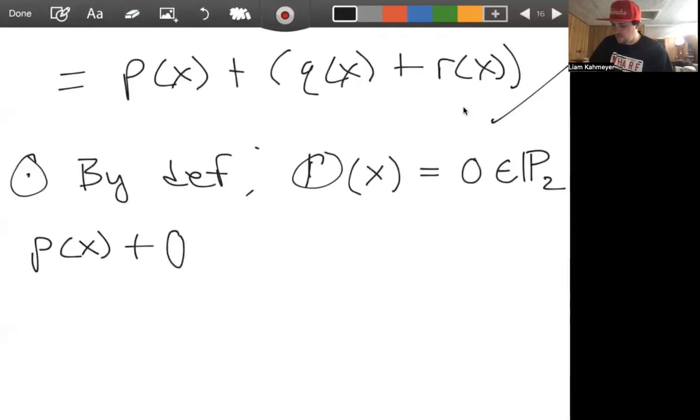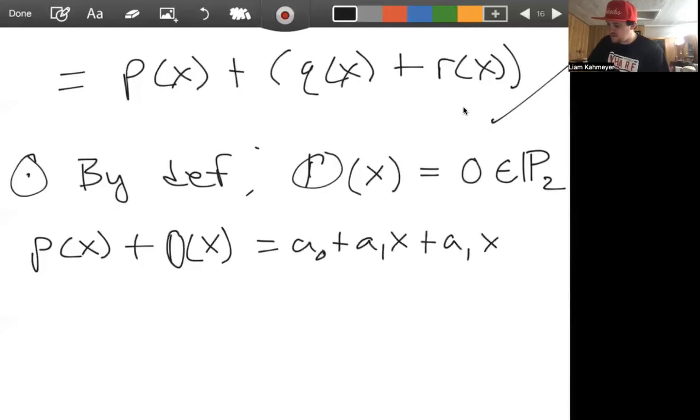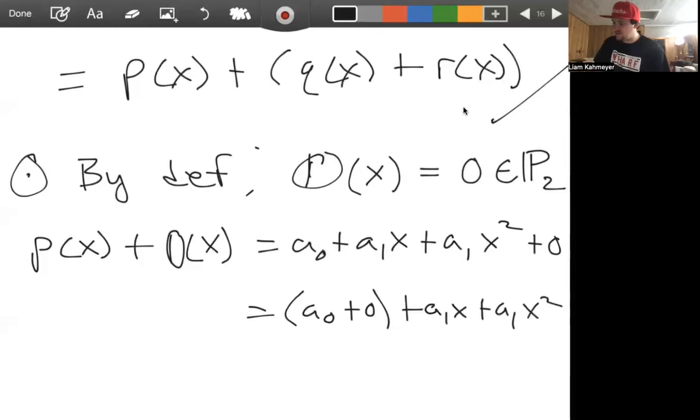Well, this is then A naught plus A1X plus A2X squared plus 0, which is A naught plus 0 plus A1X plus A2X squared, which now we do know that 0 is an additive identity for real addition.